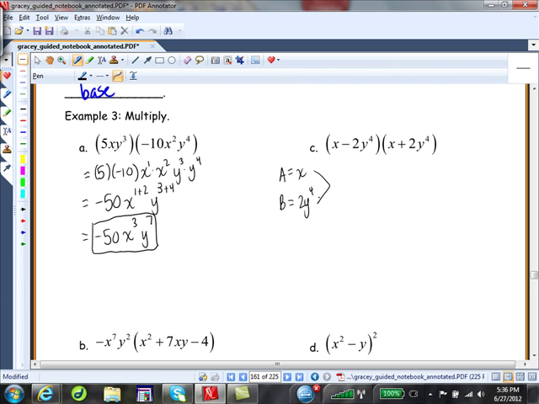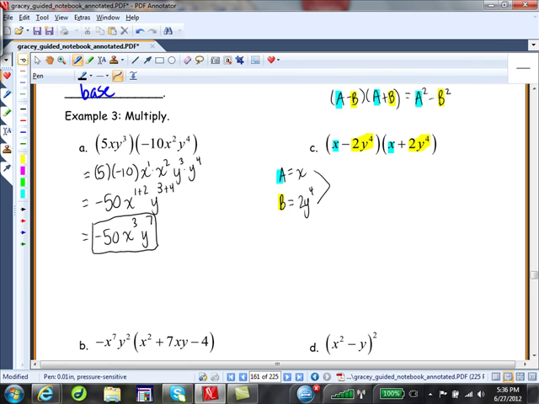And I'm doing this one, A minus B times A plus B is equal to A squared minus B squared from our last section. The A's are here, and the B's are here, or you can just expand it out.